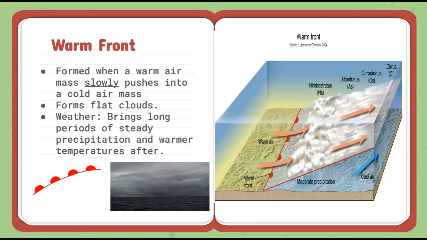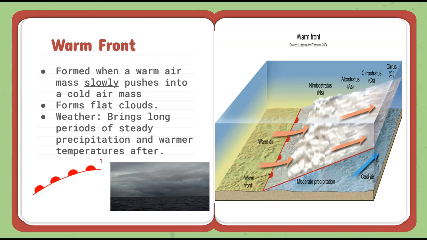A warm front is formed when a warm air mass slowly pushes into a cold air mass. Now, the warm air mass will obviously go up over the cold air mass because, remember, warm air is less dense than cold air. A warm front will form flat clouds like stratus clouds. The weather that is brought along with a warm front tends to be periods of long, steady precipitation, followed by warm temperatures afterwards.